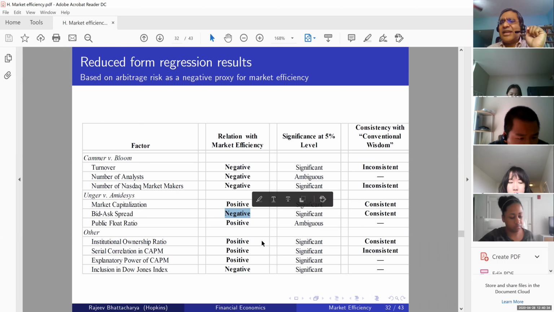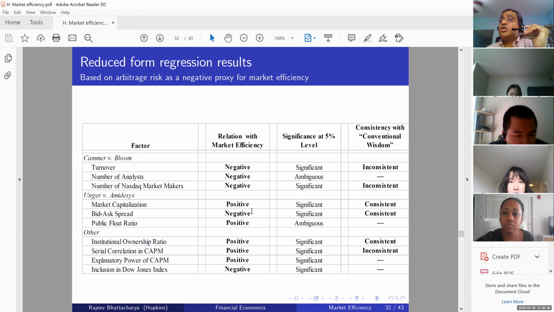Bid-ask spread is negative. Makes sense. The bid-ask spread is the cost you incur in trading a firm's equity. So the higher that cost is, not surprising that market efficiency will be lower.